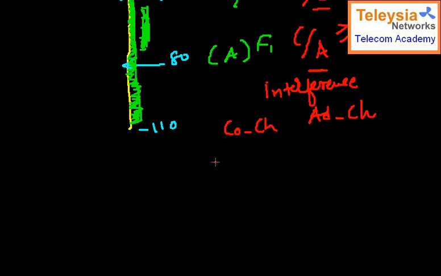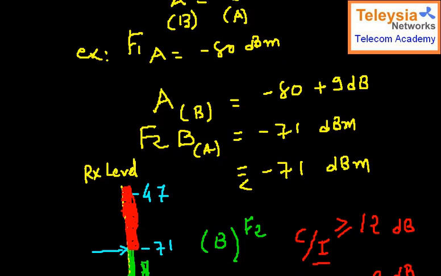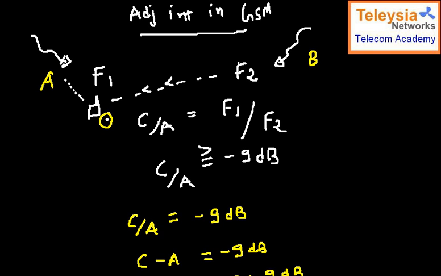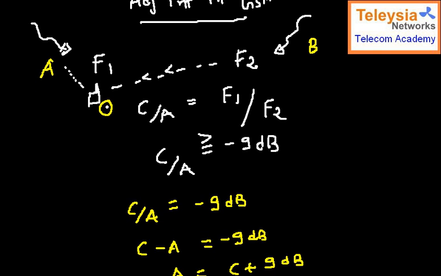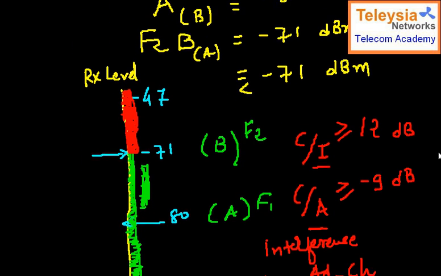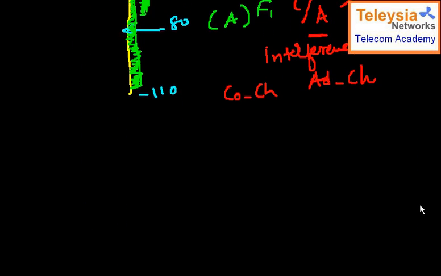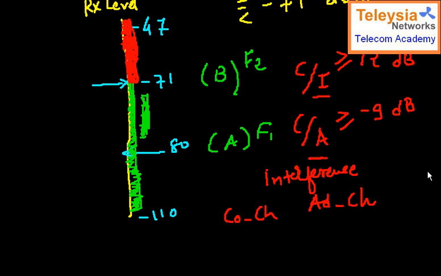The RF engineer has to ensure that you maintain co-channel interference as low as possible throughout our area, and if possible maintain the adjacent channel also. So this is about adjacent channel interference. I will explain more about how to achieve interference within the limit. Okay, let's see in the next lecture.